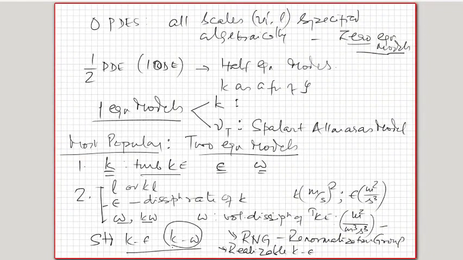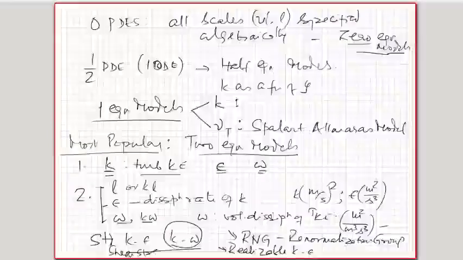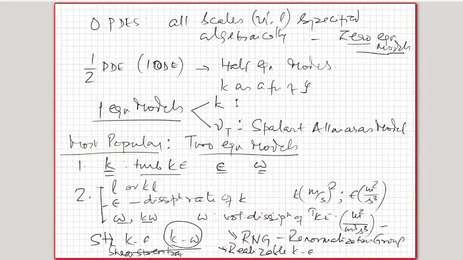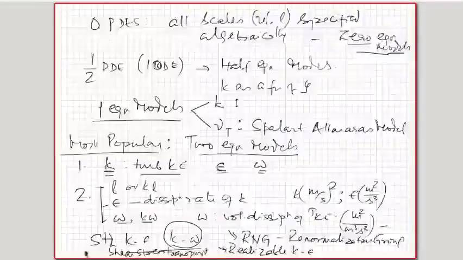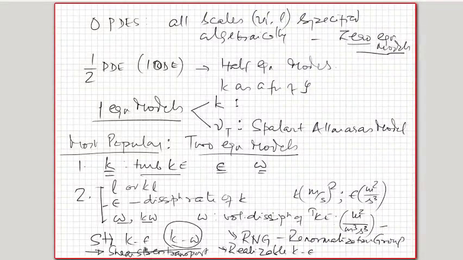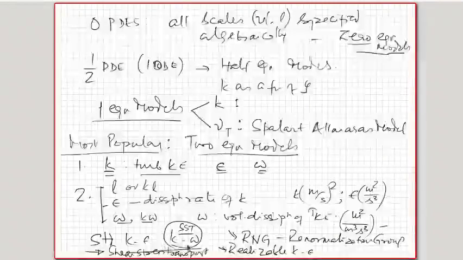Similarly, you have shear stress transport. Just like we had the Reynolds stress transport models, you have some shear stress transport theory added to this k-omega, so you will get an SST k-omega, which is shear stress transport k-omega.